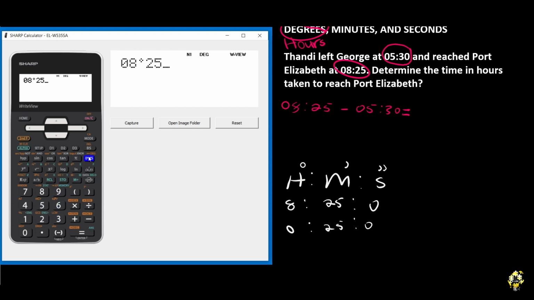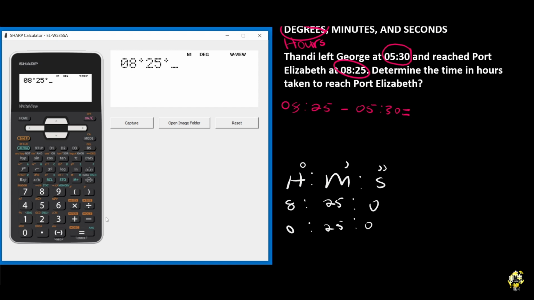Because we don't have seconds on either of the 2 times that we have, there's no need for you to put seconds. You can still put seconds and you'll get the same answer. You only put seconds on your calculator if you have seconds on your time. If you do not have seconds on your time, don't put seconds on your calculator. It's just simple that way.